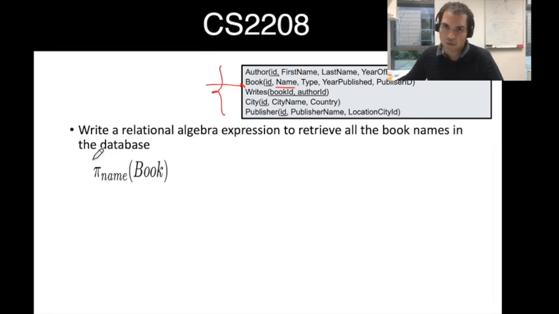For this reason we use the projection operator. I assume that you are quite familiar with all the operators that we have in relational algebra. If you are not familiar with the operators, I strongly recommend that you have a look at the material of the previous weeks. Okay. Basically, this is the solution for this question.